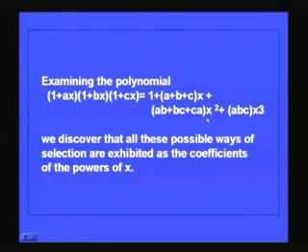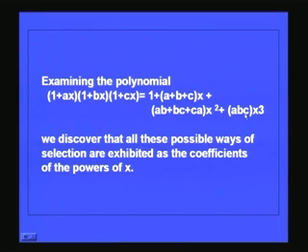Now, the coefficient of x to the power 1 represents the possible ways of choosing one object. The coefficient of x squared is AB + BC + CA, and that represents the possible ways of choosing two objects out of the three objects, that is AB, BC or CA. The coefficient of x cubed represents the possible way of choosing all the three objects, that is ABC.